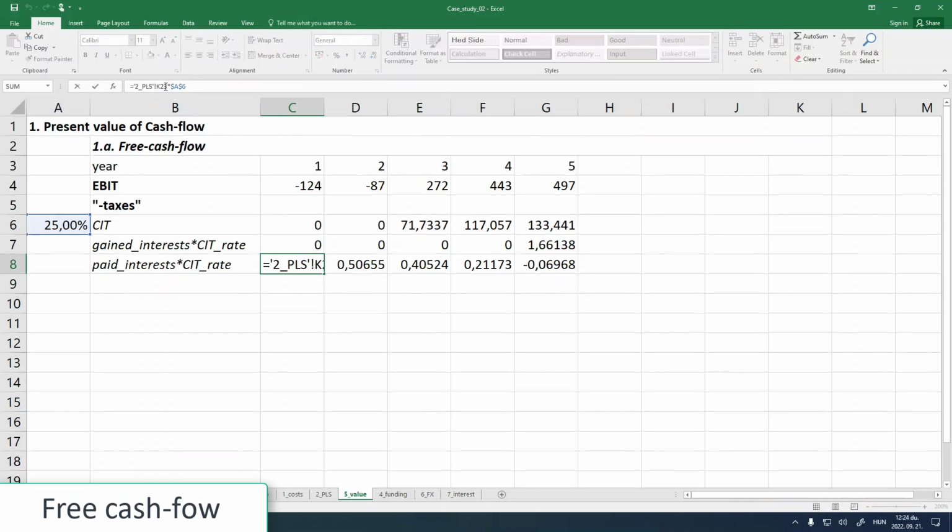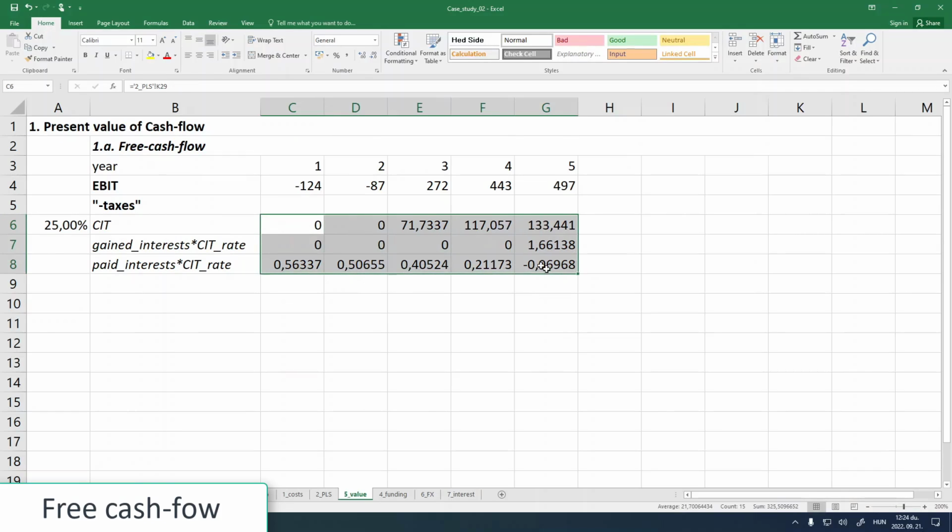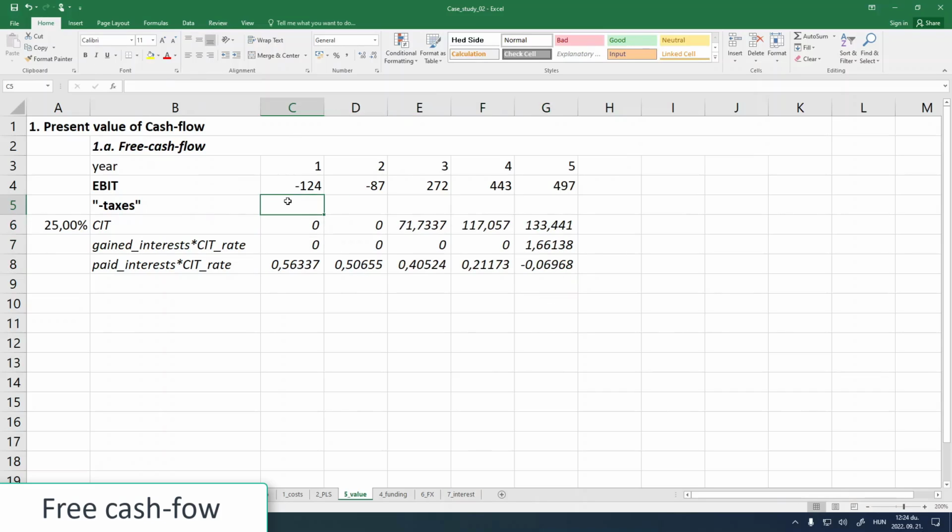So again, from the profit and loss statement, the paid interest multiplied with the CIT rate, which is here. And then we can add all this together. And now we can see that this money will be used in the valuation.